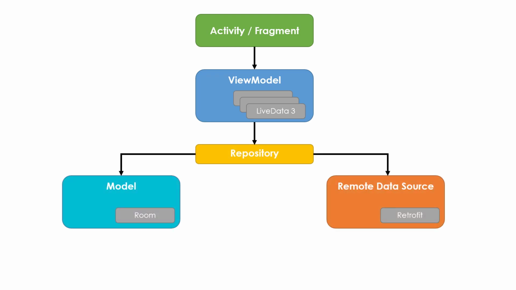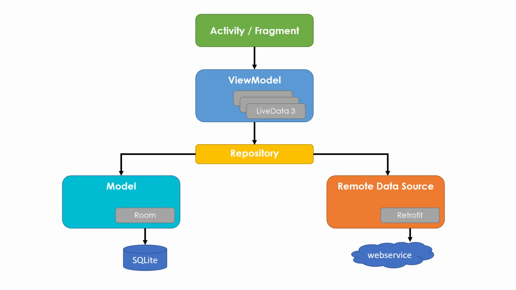You can consider repositories to be mediators between different data sources, such as persistent models, web services, and cache. They provide a clean API so that the rest of the app can retrieve this data easily. They know where to get the data from and what API calls to make when data is updated.